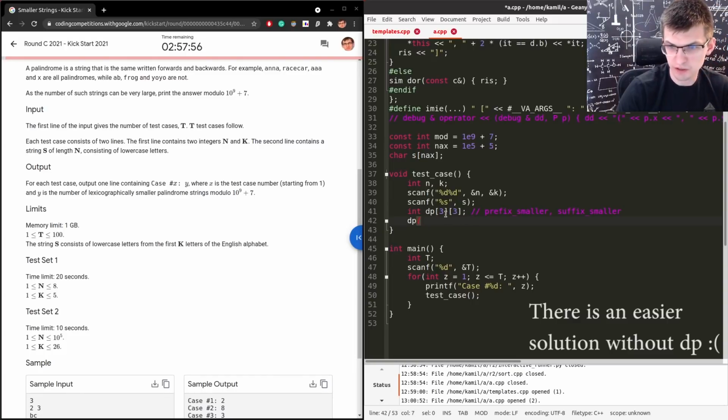Well, the prefix cannot be greater. So whether the prefix is strictly smaller or not, and here whether the suffix is smaller. Smaller is 2, equal is 1, and bigger is 0. First we have this is untrue, this is 1.